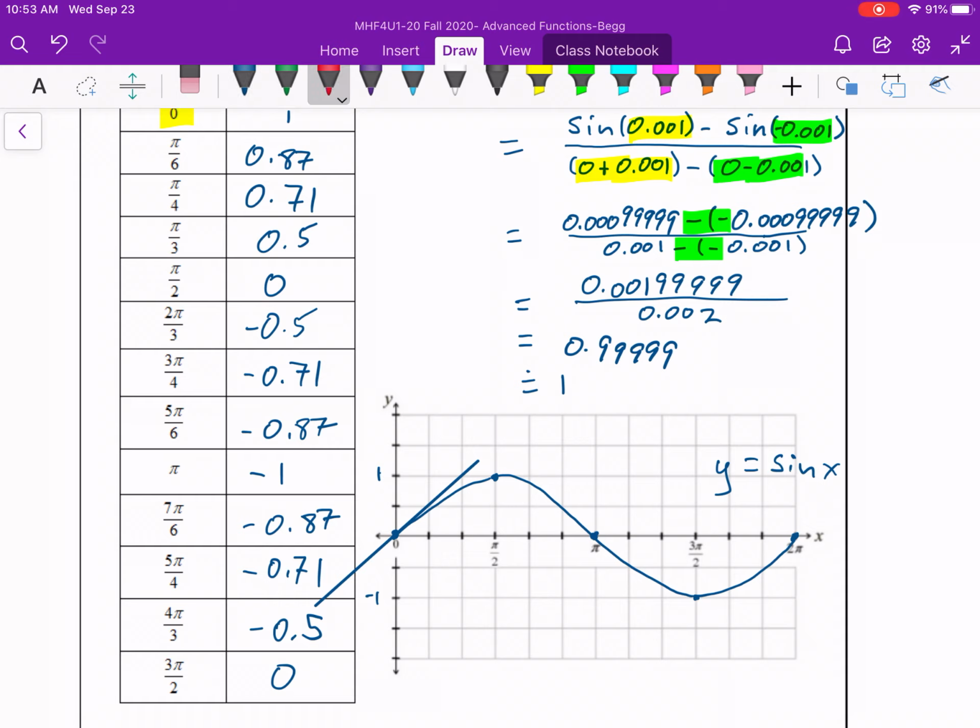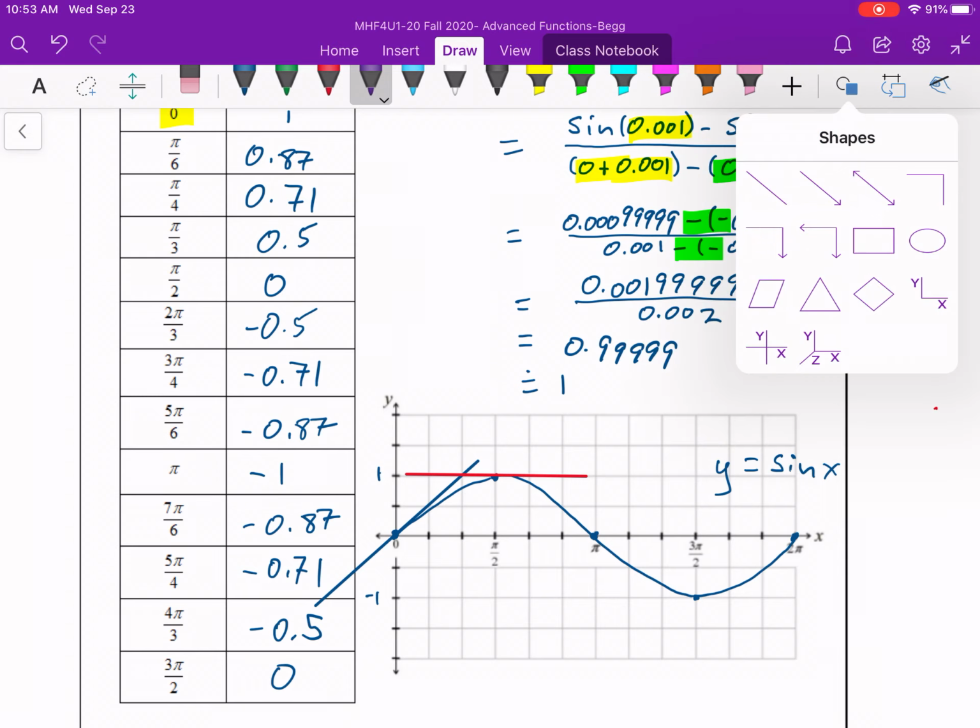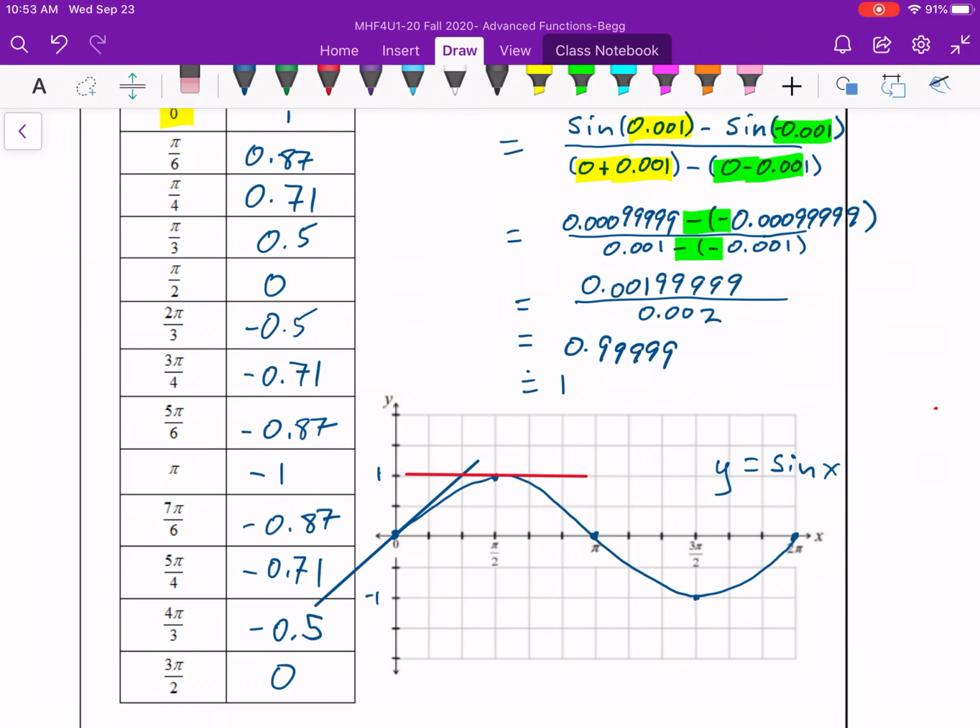So at, for example, pi over 2, we had a perfectly horizontal tangent line. So the tangent line looked like this. And at, let's say, 2 pi over 3, we had a negative 0.5.